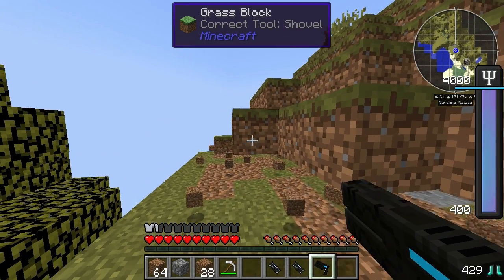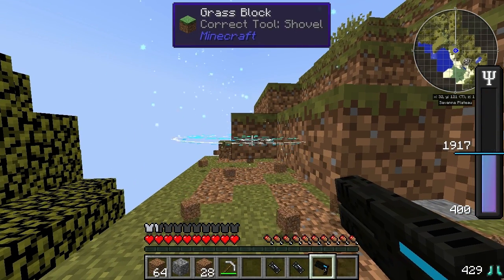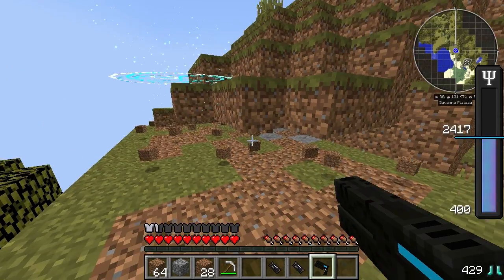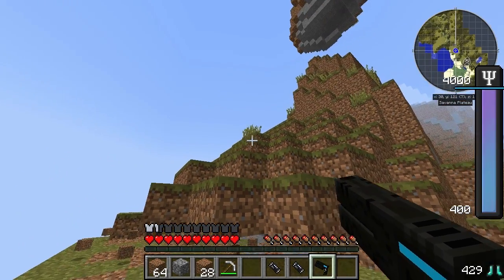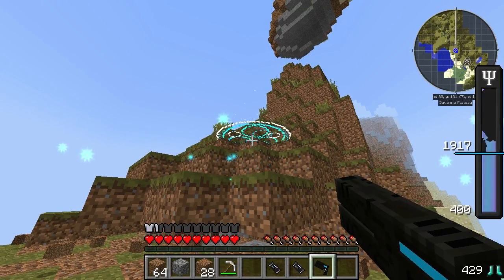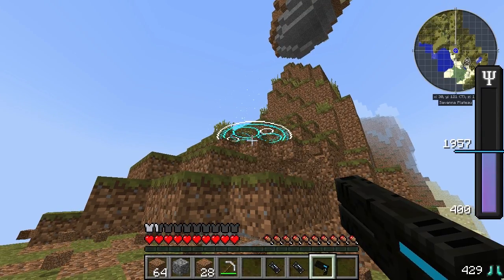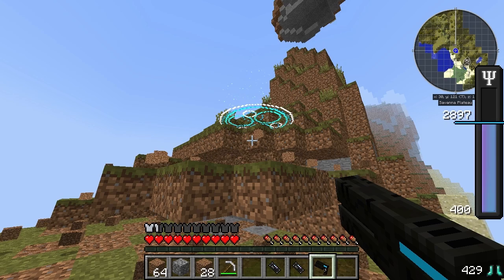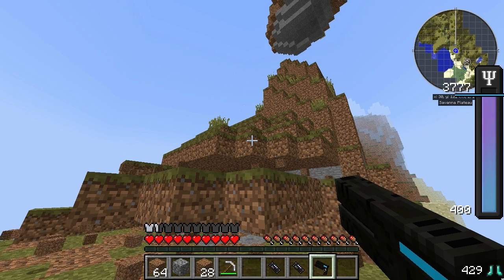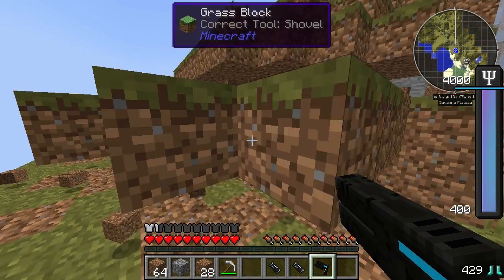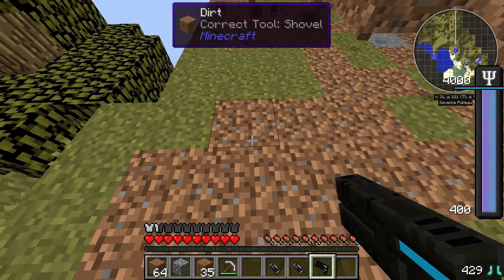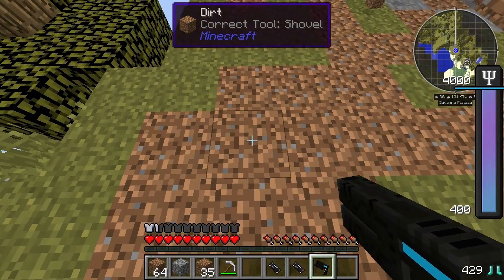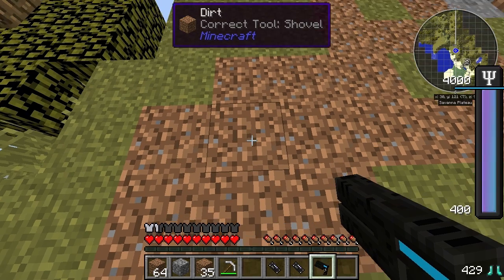So when I look at this block, there's nothing there really, is there? When I look at, say, this block here, you can see it's going 1 below. So it constantly goes 1 below the block you're looking at. Except when you're looking down.